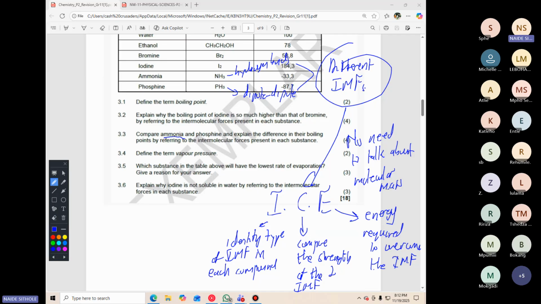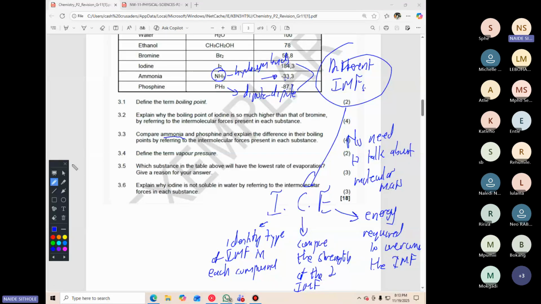The factor here is that my intermolecular forces are stronger than the other one. If you check, you can find that ammonia has a smaller molecular mass than PH3, but when you compare, this one still has a higher boiling point. So it's not about size in this one. It's about the strength of the intermolecular forces.